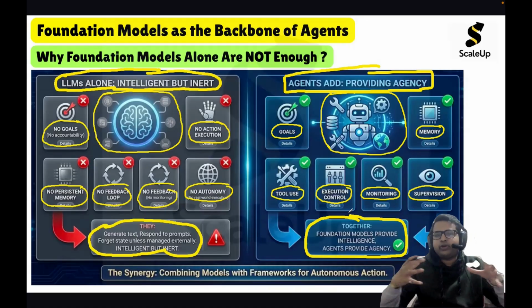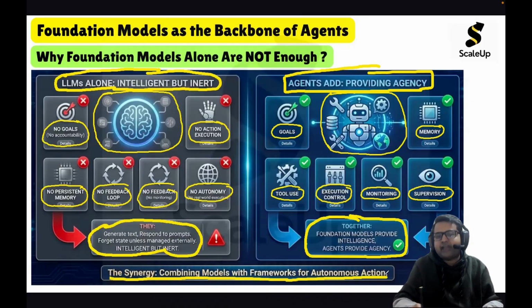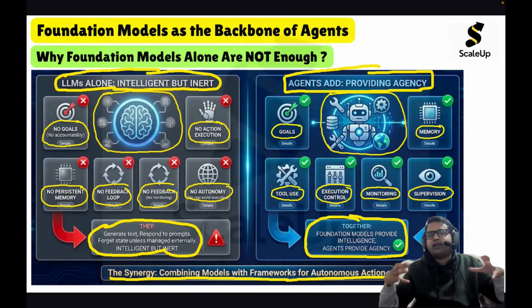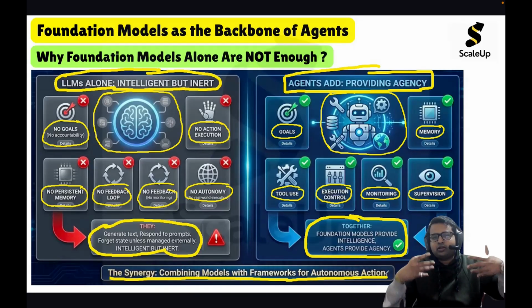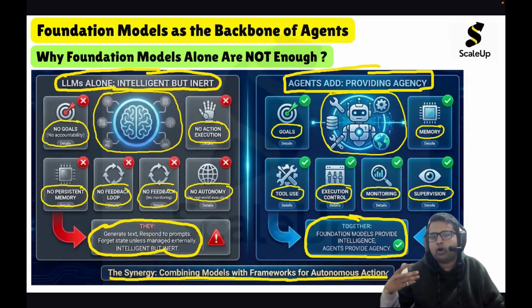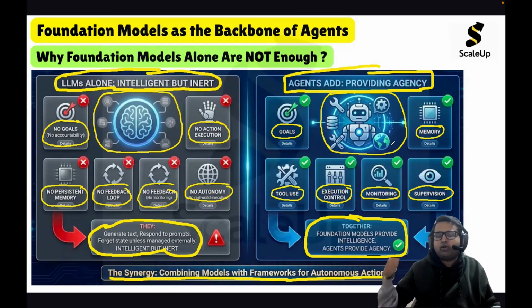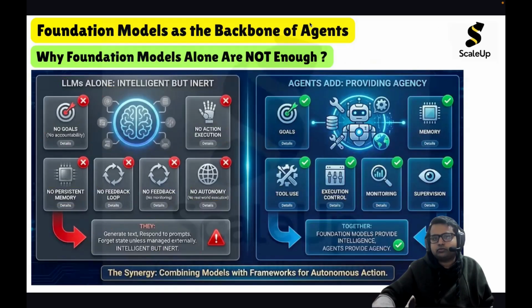The synergy between the agents and the LLMs is important: combining models with frameworks for autonomous actions. If we combine agents and LLMs together, then we can achieve autonomous actions, and agents can achieve a goal on their own. We just have to tell the agent, this is what I want to achieve, and it will do it on its own. That is the agentic mindset.